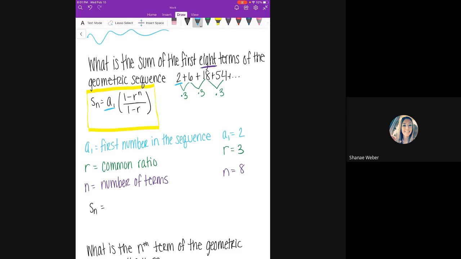My A1 is 2 times in parentheses 1 minus R, which is 3, to the N power, which is 8, divided by 1 minus R, which is 3.